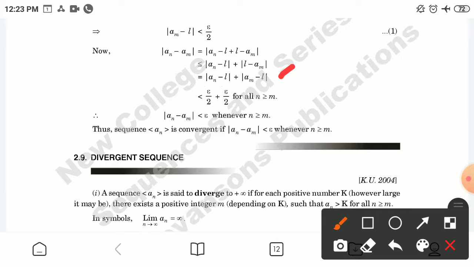Using the above, this becomes less than epsilon by 2 plus epsilon by 2 for all n greater than or equal to m. Therefore, |an − am| becomes less than epsilon. Thus, the sequence an is convergent if |an − am| is less than epsilon whenever n is greater than or equal to m.